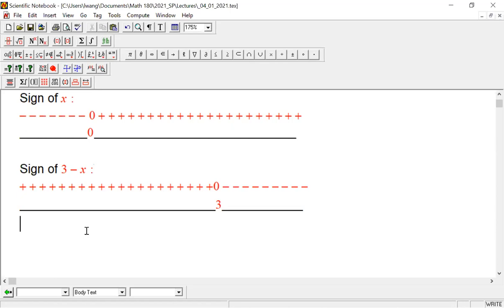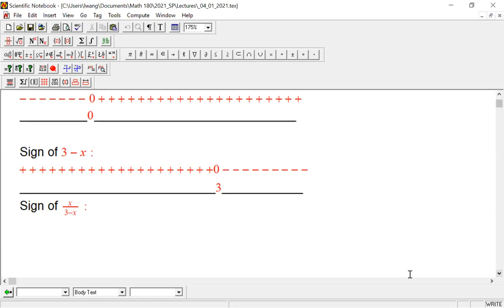Okay. Last but not least, the sign of what? x over 3 minus x. Number line. We have a 0 here, and we have a 3 here, right?